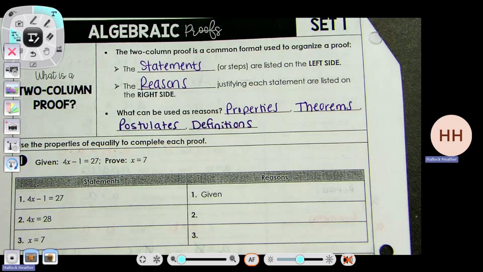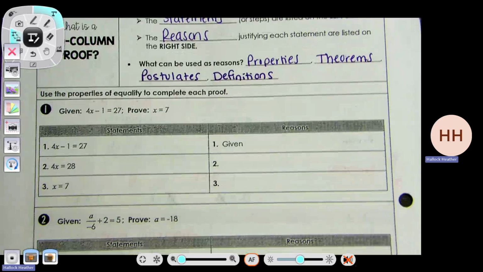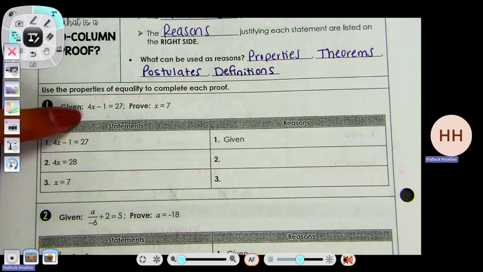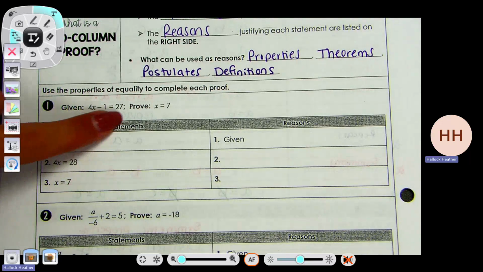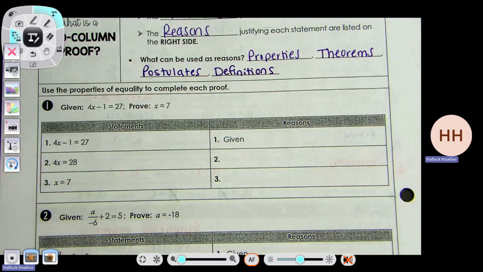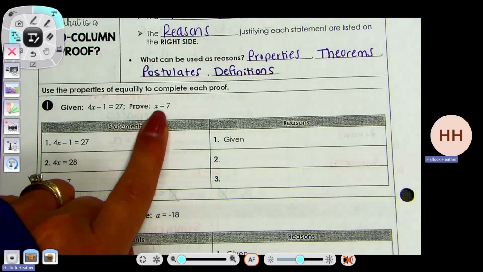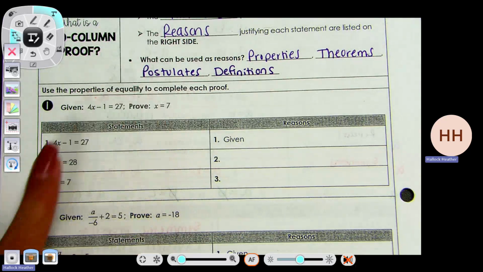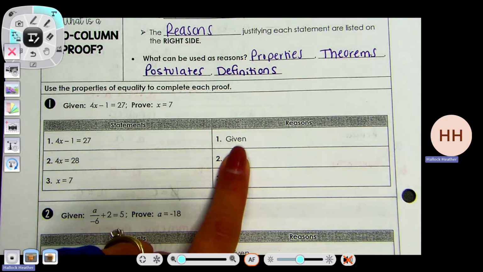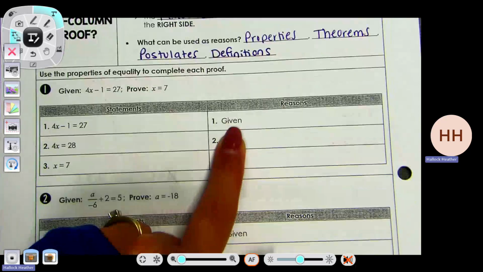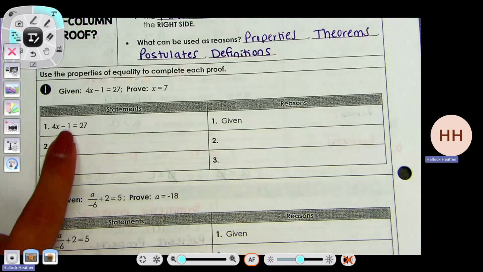So today is very basic. It's algebra 1. So you have a given problem. It says 4x minus 1 equals 27. We need to prove, they're giving us the answer, we're proving x equals 7. So they're telling us the answer is 7. The first reason is always given because that's the problem that is given. So if you were solving this, what would you do?